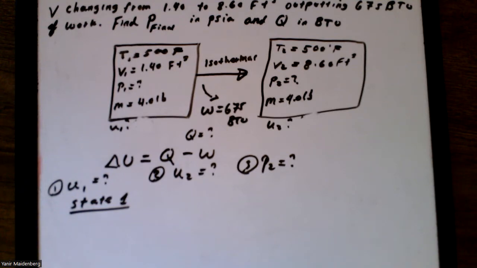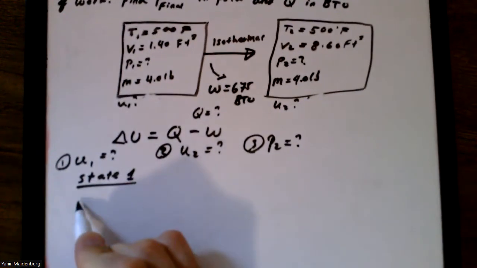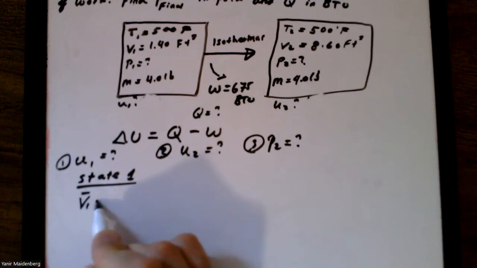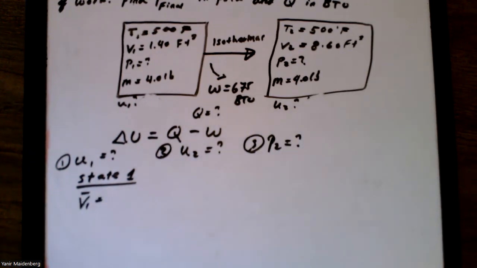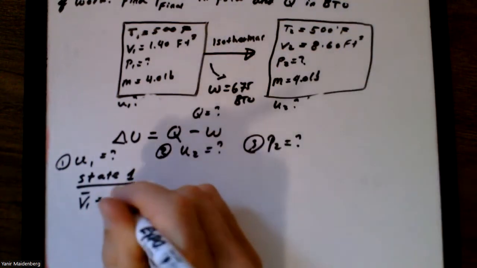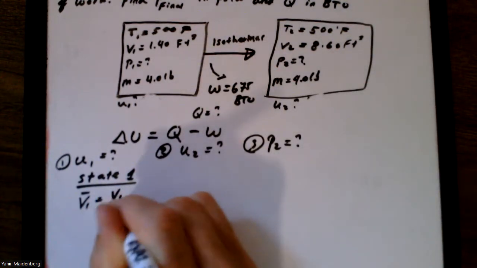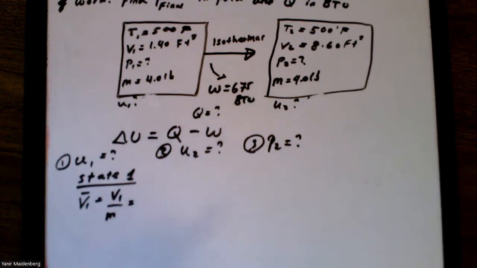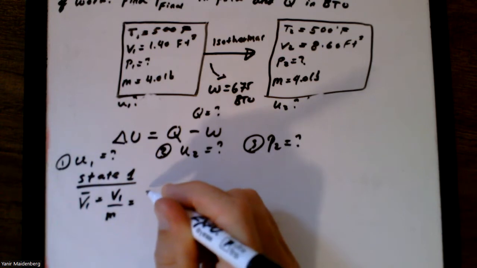So I want to find v bar first, which is pretty easy to do. Let me find v1 bar because that's really what I need for the table. v1 bar is just going to be V divided by m. It's going to be V1 divided by m, and I'm not going to call it m1 because m is not changing.